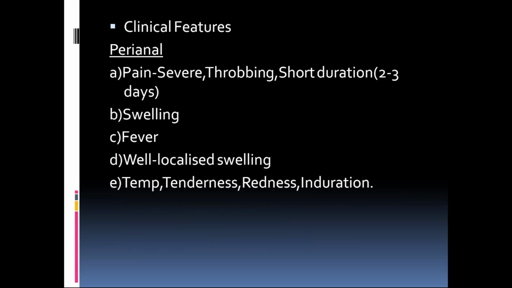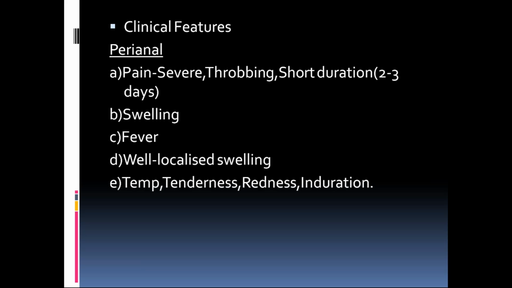So what are the clinical features? The most common, I have told you, is the perianal abscess. A patient of any age comes to our surgical outpatient department, usually between 20 to 50 years, or 20 to 60 or 70 years also.